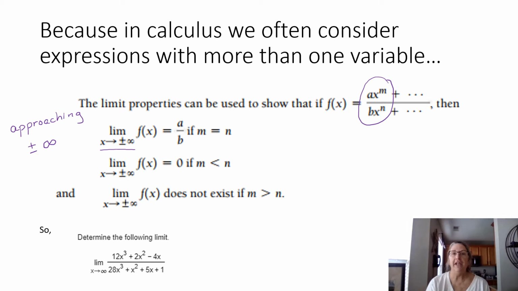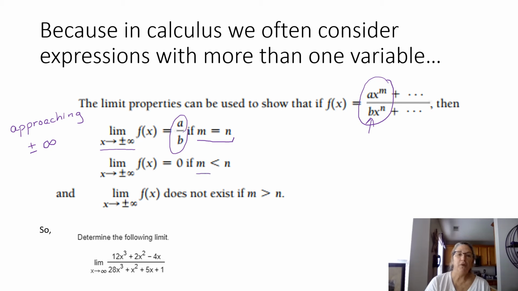And so we're looking at the leading term, and one of three things can happen. If both the leading terms in the numerator and denominator are the same degree, which means their exponents are the same, then we're going to end up with a fraction composed of the leading coefficients.